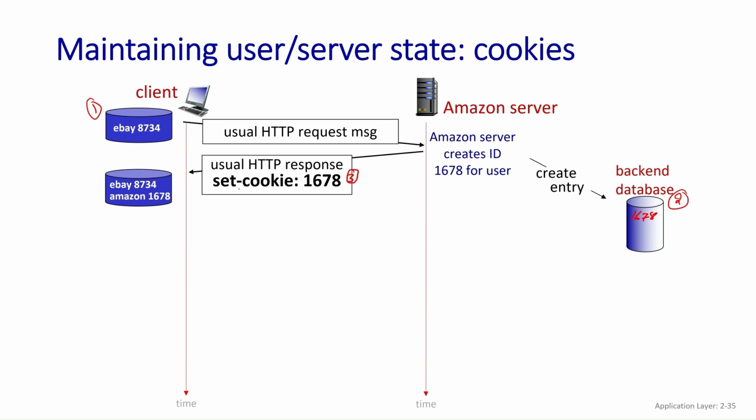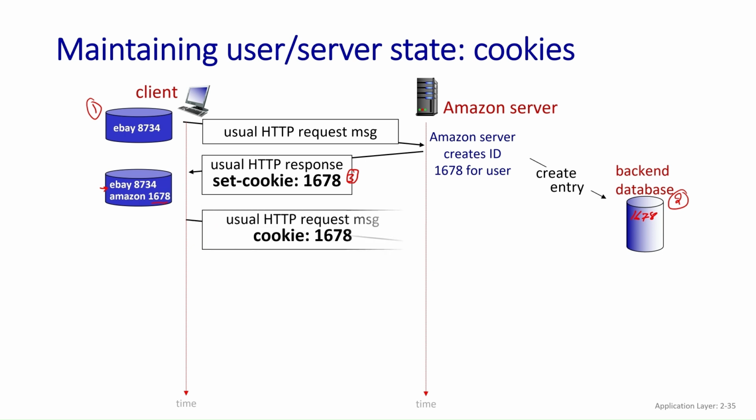So now the client will maintain a cookie and an entry against this web server. So for Amazon, we have this ID, which is 1678. And this shows that last time the client visited eBay, and eBay also assigned an ID, say 8734.